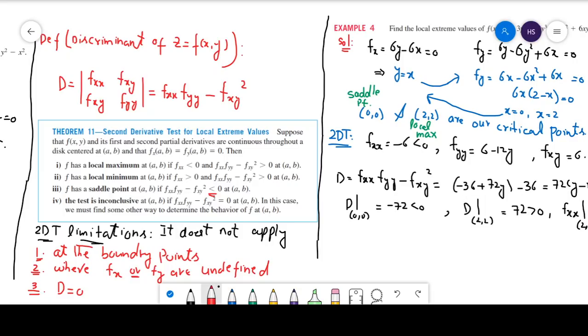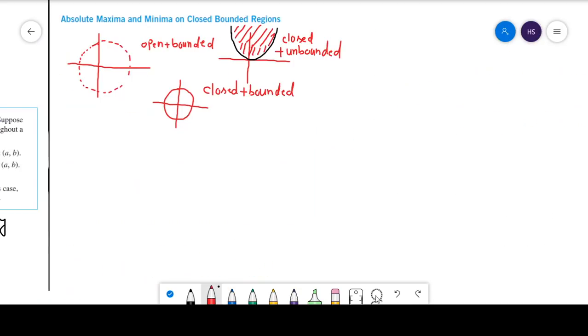So now we move on to the next point. Let's talk about absolute maxima or minima on closed bounded regions. First of all, we should know what a closed and bounded region is. If you take this region in the plane, this is a circle of some radius, but the boundary is not included.